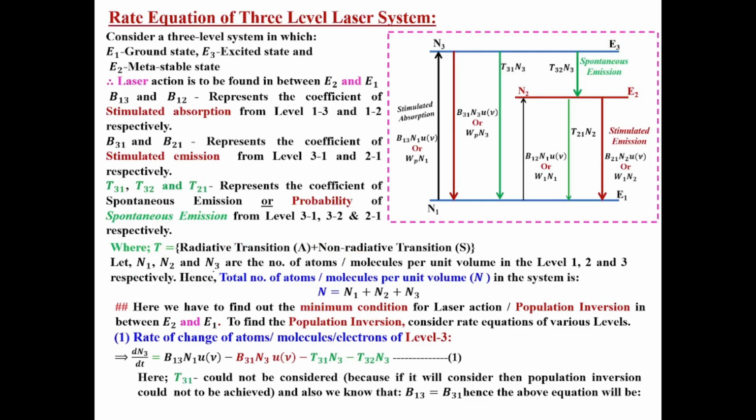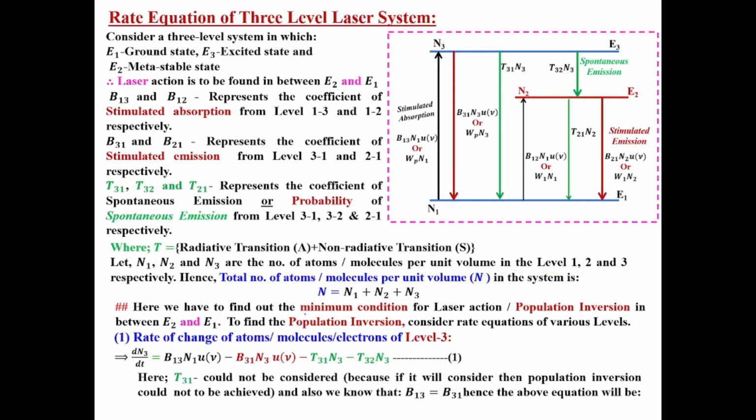Here N1, N2, N3 are the number of atoms or molecules per unit volume in level 1, 2 and 3 respectively, or you can say concentration of atoms or molecules in level 1, 2 and 3 respectively. So if the total number of atoms or molecules per unit volume is represented by n, then obviously n will be equal to the sum of these three, N1 plus N2 plus N3.